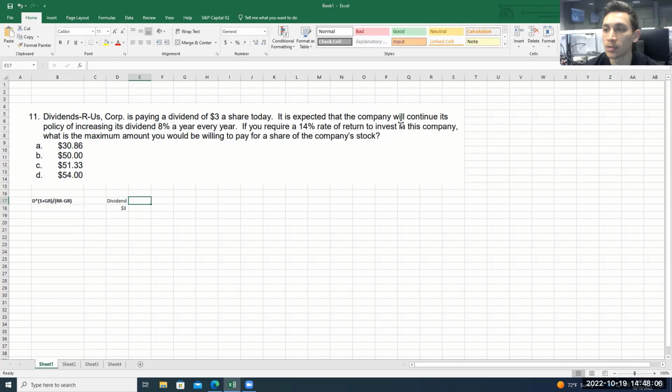It is expected that the company will continue its policy of increasing its dividend 8% a year every year. That's going to be the growth rate. That's how much the dividend is going to grow. Put that as growth rate 8%.